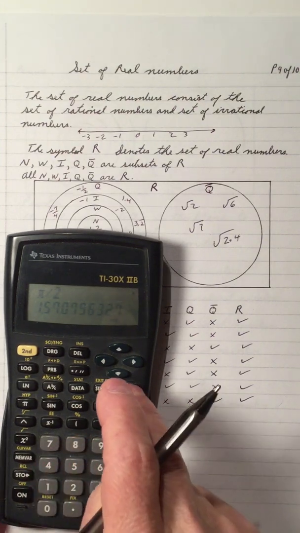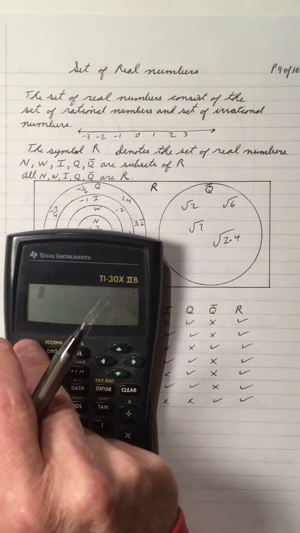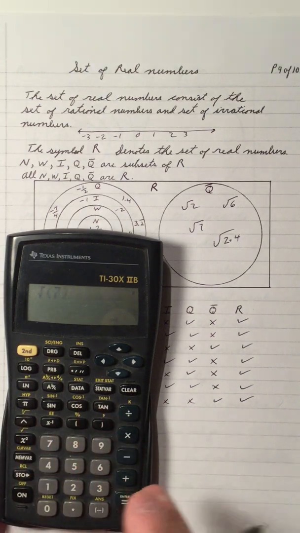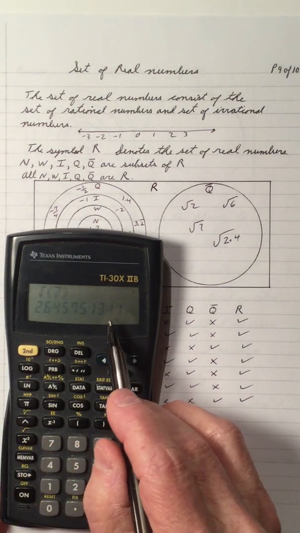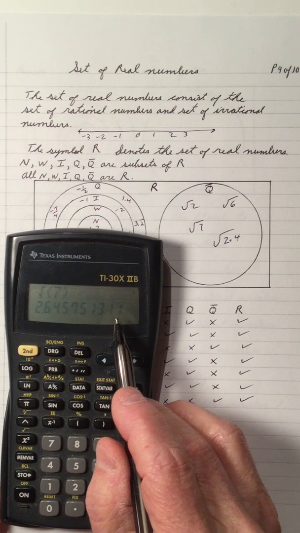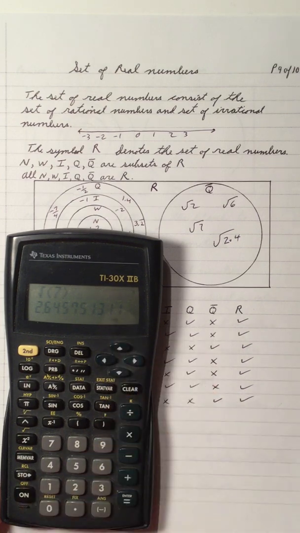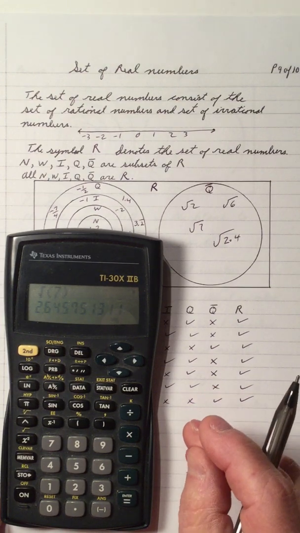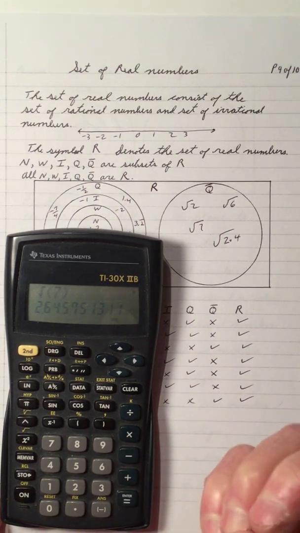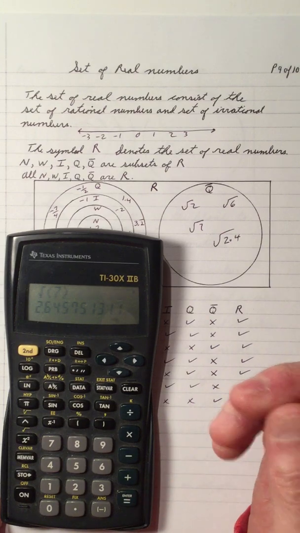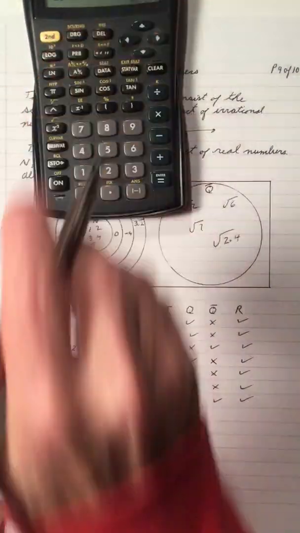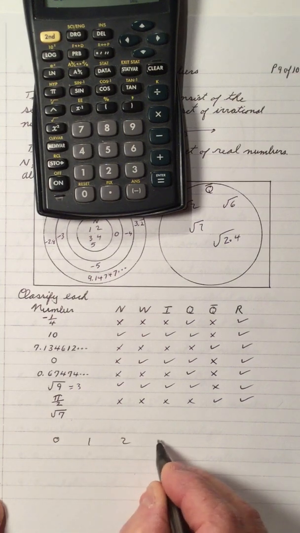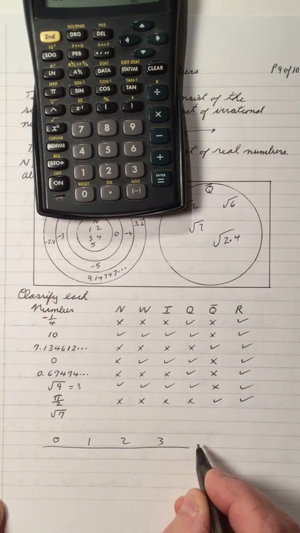I can't simplify it. Square root of 7 is, and we see that it, even though it has a 1, it's still, now this is one that could mix you up, so you got to be careful. The square root of 7 can't become a 1 or 2 or a 3 or a 4. And another way to look at it is that you got a 0, 1, 2, 3 on your number line.